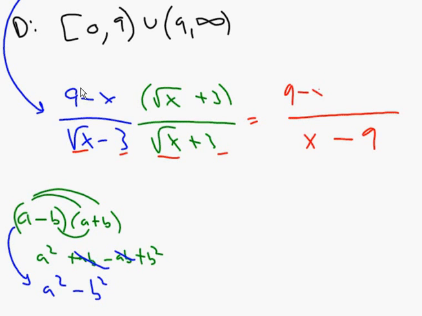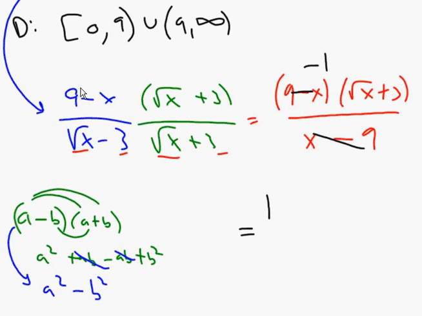Now on the top, it's advisable not to try and multiply that out. Because if you don't multiply out the tops, you can easily see what cancels. If you take the time to distribute this 9 minus x into the rad x plus 3, you're going to get something with 4 terms, and you're not going to see what cancels for you. But look now. These things divide out, you get -1.